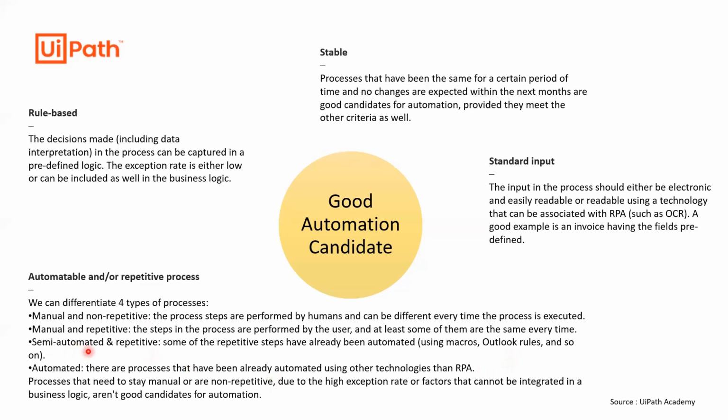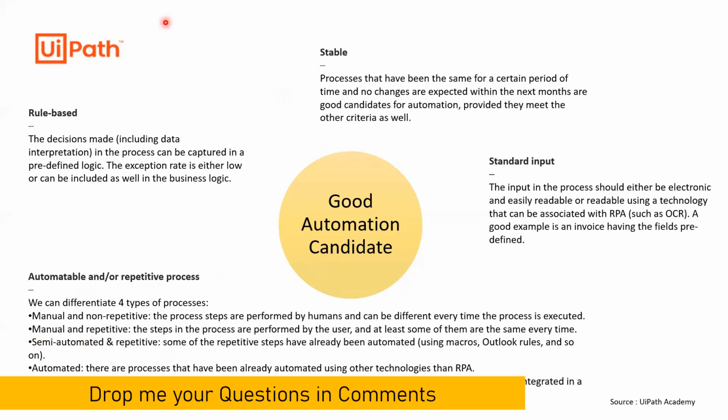So it is semi-automated, and here you need RPA. The last one is called automated, which means that there is no need of humans and the entire process is done by the robots, right? So overall, a process can be divided into 4 categories. It can be a manual process, non-repetitive, semi-automated, or automated, right? But to decide on which category it falls, you have to understand which candidate is good for automation or not, right?